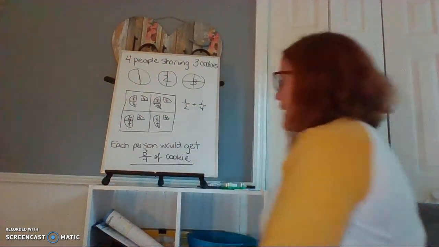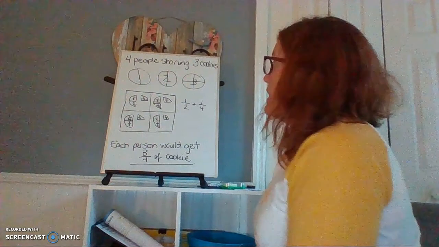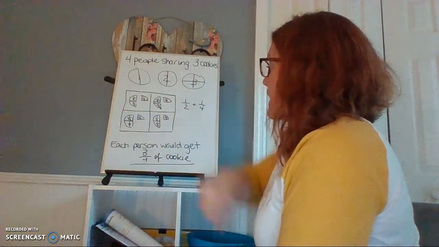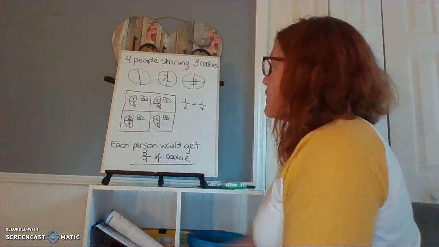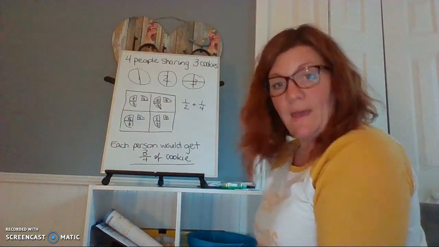So that's what you would write in the space down at the bottom of your workbook page. You would put 3/4 pieces in here, and each person would get 3/4 of a cookie is what you would write at the bottom. Okay?